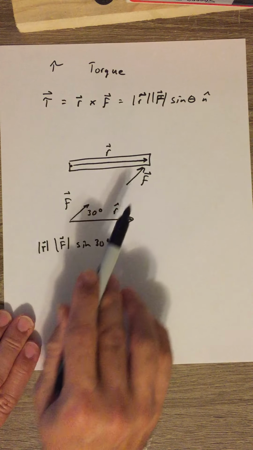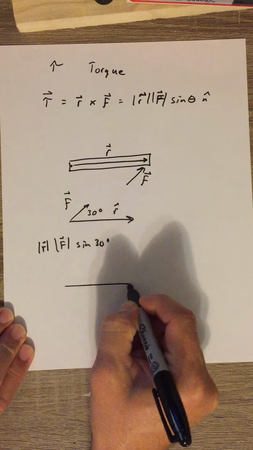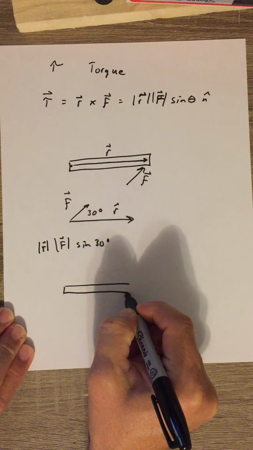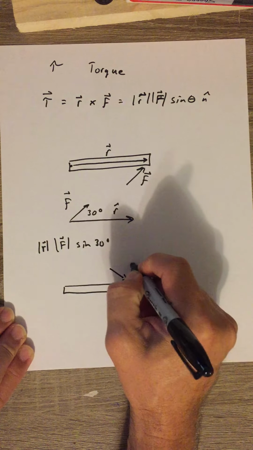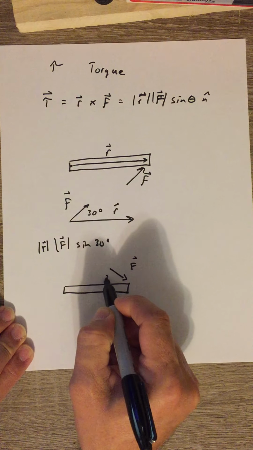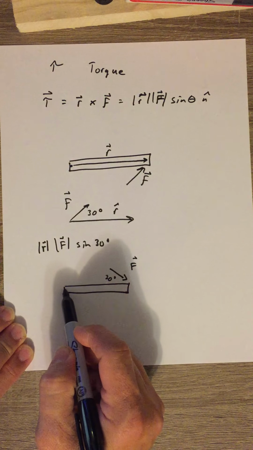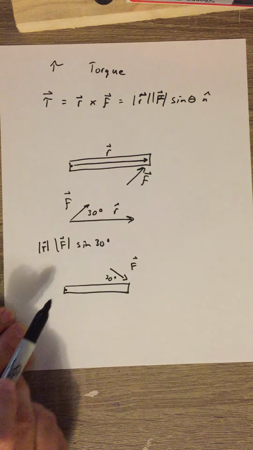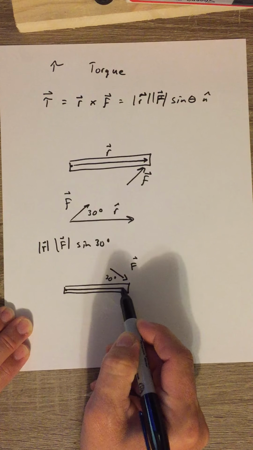Now, what if the force that I applied did not look like this? Let me redraw the system and give you a different force. There is my force, and I will say that this is also 30 degrees. And I'm again going to calculate the torque about this point, which gives me an R vector that looks like that.